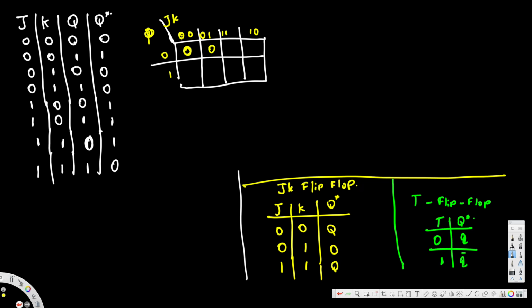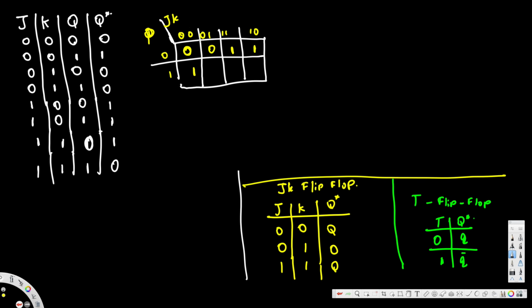When JK is 1, 1 and Q is 0, we have 1. When JK is 1, 0 and Q is 0, we get 1. And when JK is 0, 0 and Q is 1, this is 1.